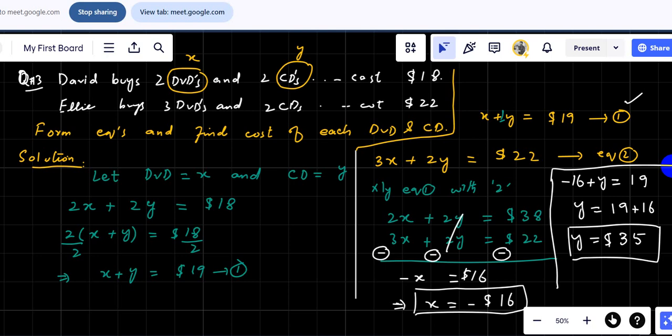Put these values of x and y in equation 2 and check whether the answer is 22 or not.